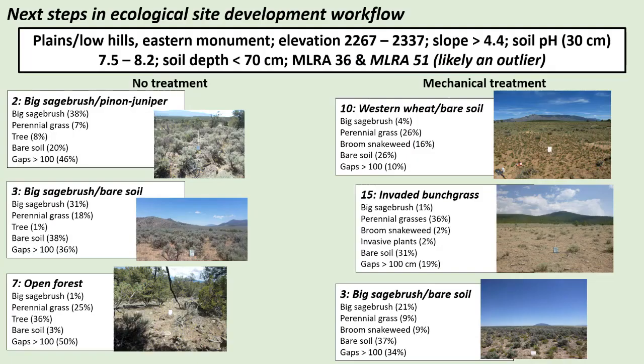So though my thesis is complete, I'm continuing work on this project and taking these results that I've talked about and incorporating them into ecological site descriptions for this area.